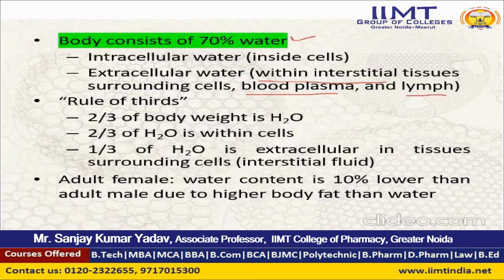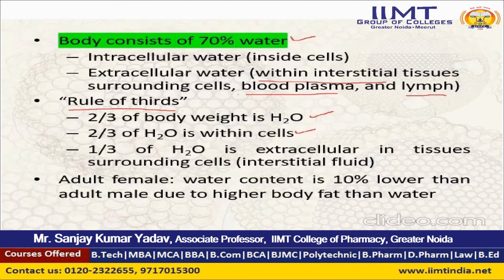Here I have a concept, the rule of thirds. So what is the rule of thirds? It is simply how water is present in your body fluid. Two-thirds of body weight is water, and two-thirds of that water is within the cell, that is intracellular, and one-third of water is extracellular in tissue surroundings, that is interstitial fluid, like blood plasma and lymph, as already informed.